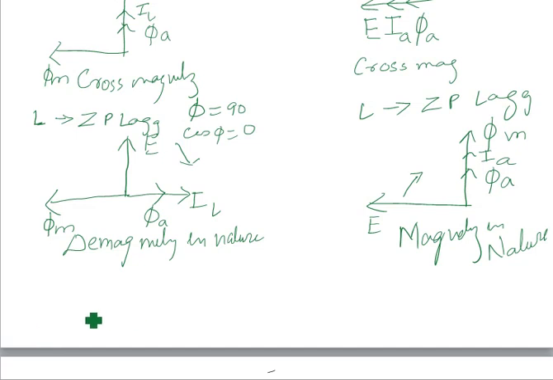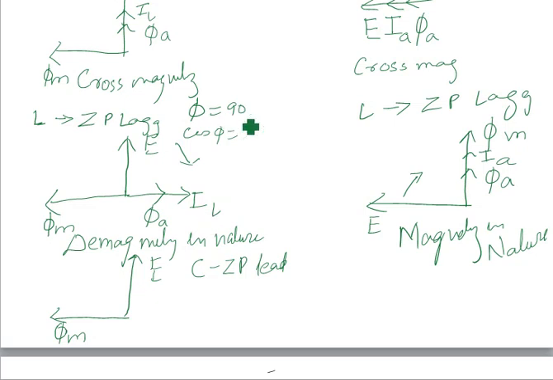Okay, so let us discuss the capacitive load. This is phi m. Phi m comes in the picture for the generator, and then there will be E, right? Capacitive means zero power factor leading. Again, zero power factor means the angle is always 90 degrees, whether it is an inductive load or a capacitive load.